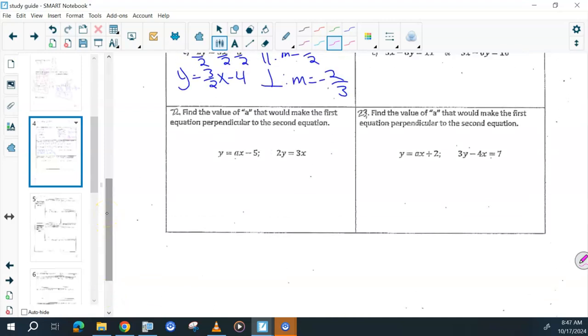So in 22, find the value of A that would make the first equation perpendicular to the second. So in order to figure that out, we first have to solve this by doing what? Find the slope by doing what?